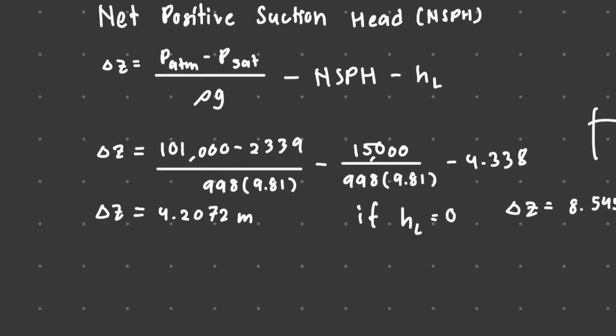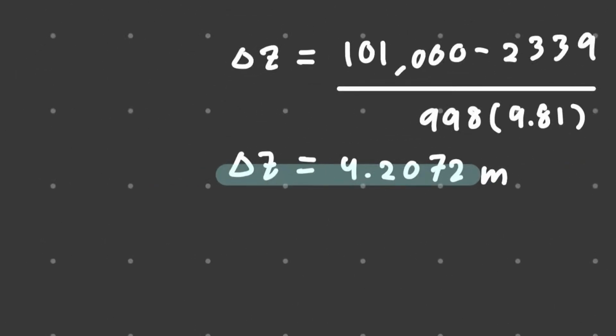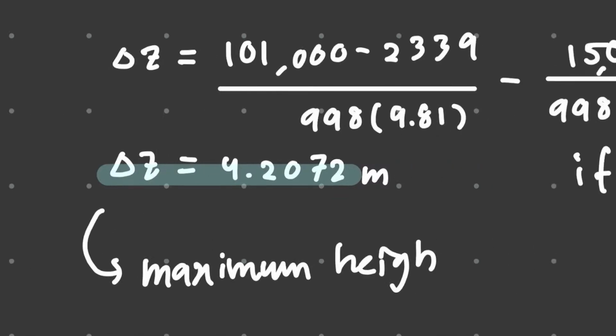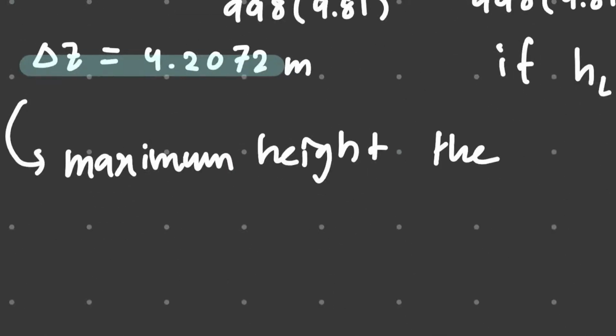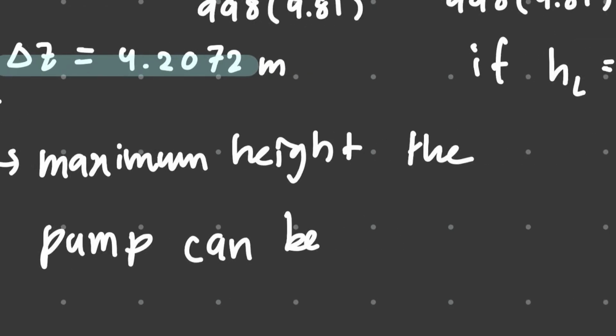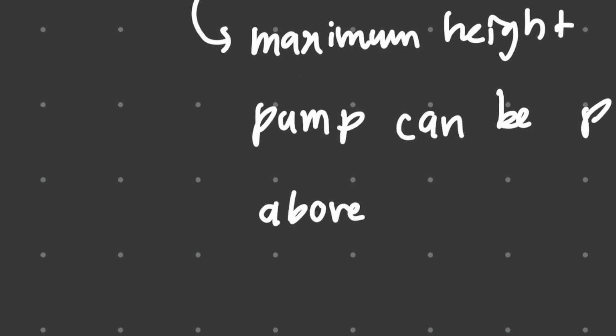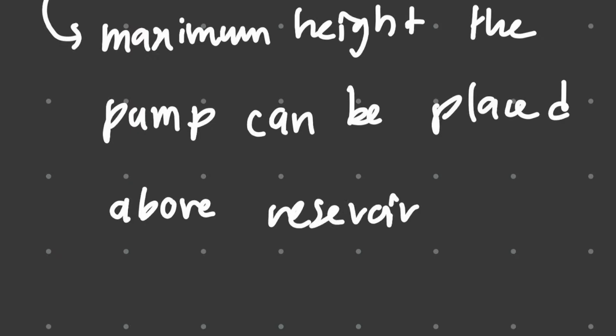Okay, so then this is the head loss from the total head loss tadi, and then you will get this. If HL equals 0, you will get this. Okay, what does that mean? It means that is the maximum height the pump can be placed above the reservoir level.